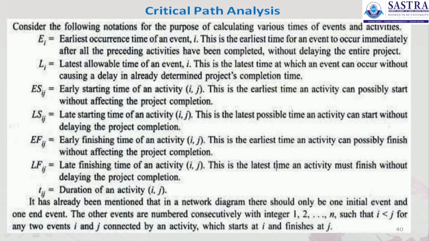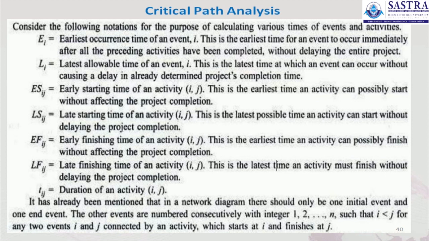So in the critical path method, we have some points, and the events and activities. For the purpose of calculation, we have to denote some notations. The following notations are used. EI is the earliest occurrence time of an event.